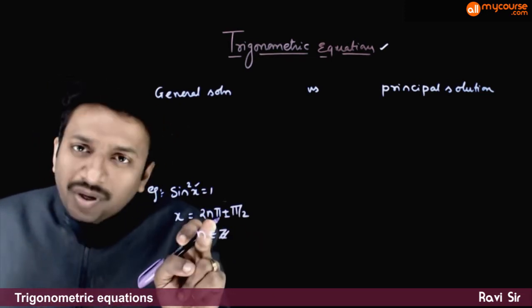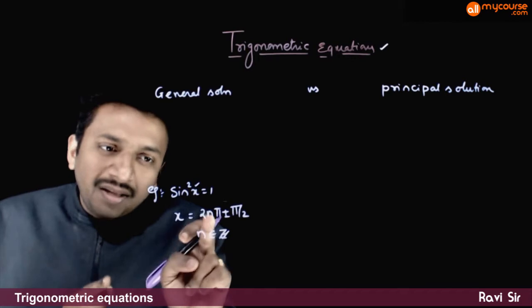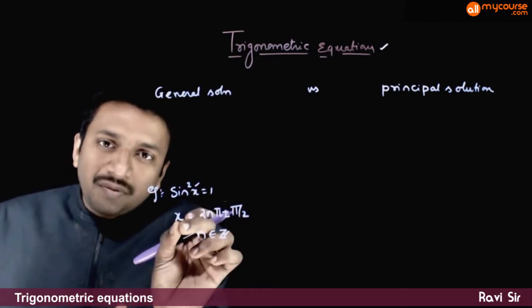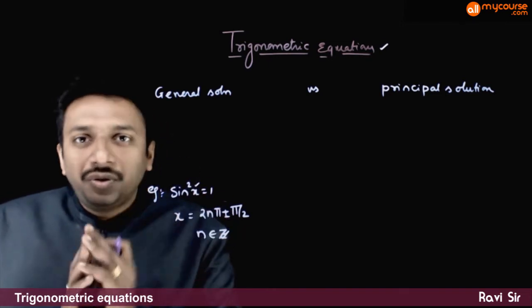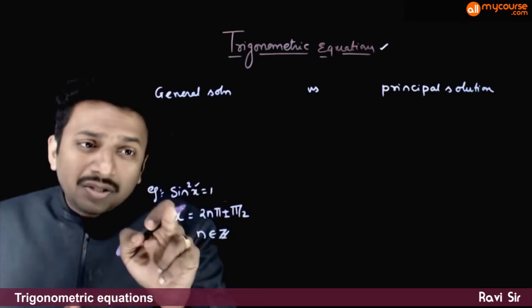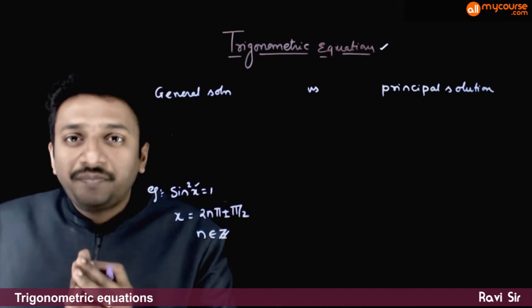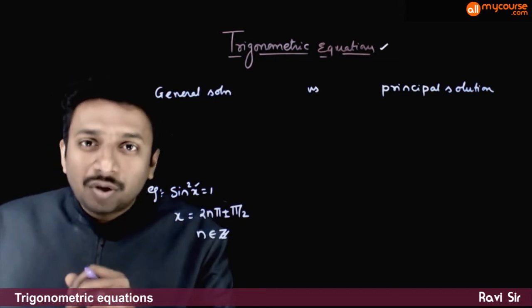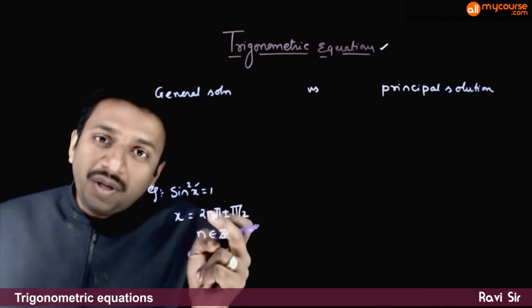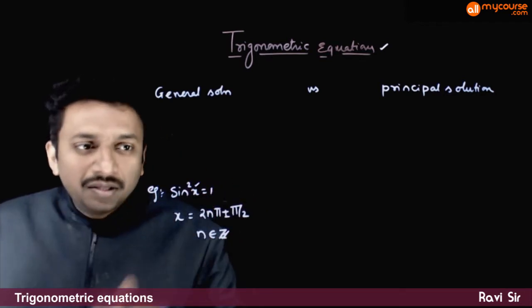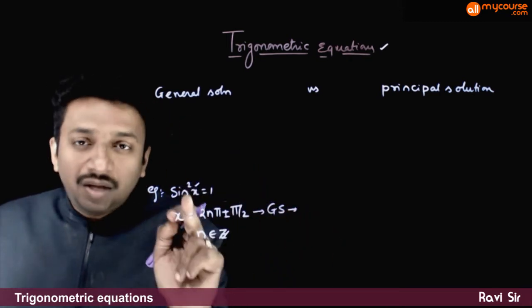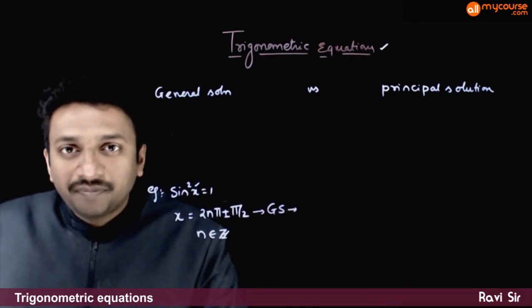That means if you put different integers in the place of n, you go on getting different values of x, and each of the values is a solution to this equation, and all the solutions of this equation can be expressed in this form. It works both ways. So this has to express all the solutions, and all the solutions have to be of this form. So this is called the general solution of the equation sine square x is equal to 1.